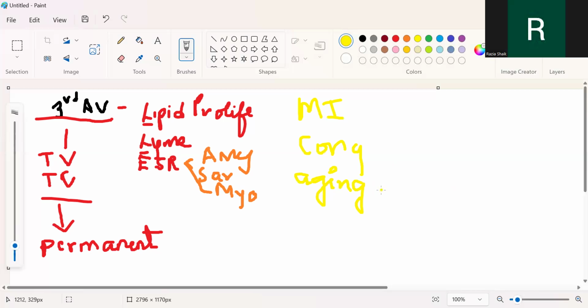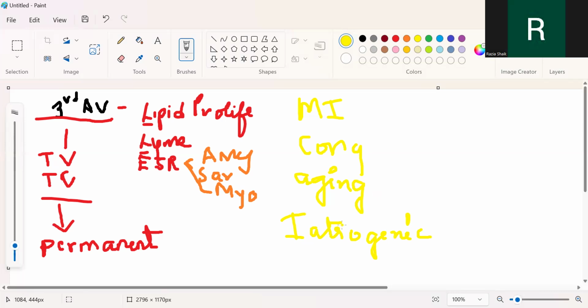And then finally, it can be iatrogenic with the overdose of beta blockers. So usually the patient will present with a very low heart rate, dizziness, syncopal events. So it is treated in the ICU settings.